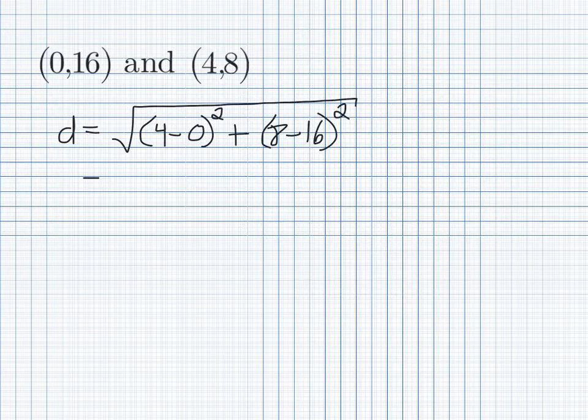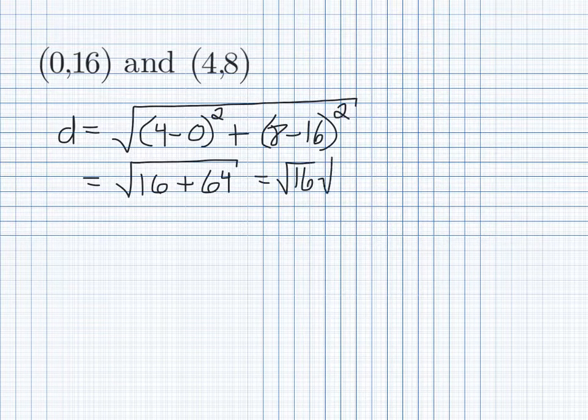So when we look in here, 4 minus 0, of course, is 4, and 4 squared is 16. And then we have 8 subtract 16, which is negative 8. We square that and we get 64. So we have 16 plus 64 underneath of the radical. Well, in this particular case, we can factor out a square root of 16.